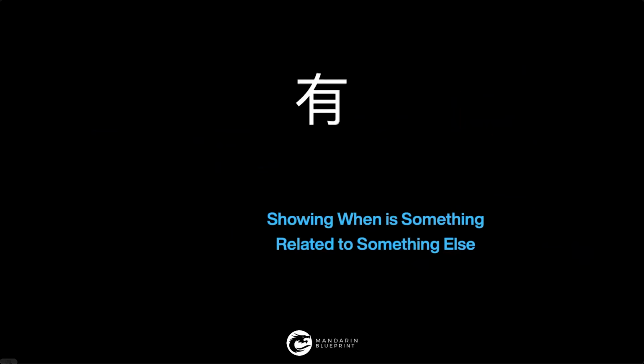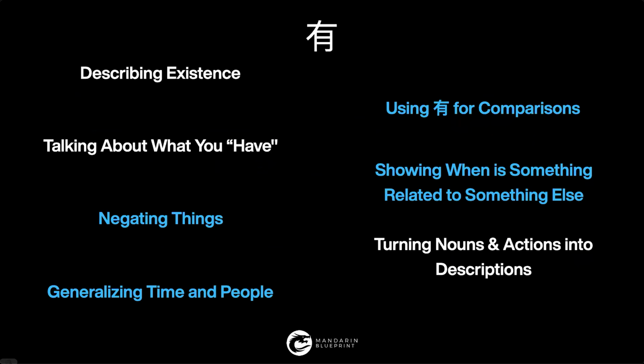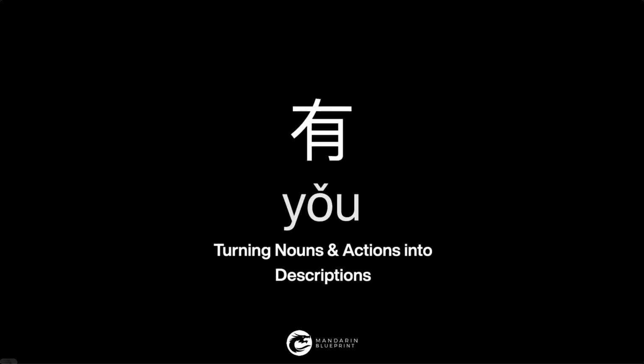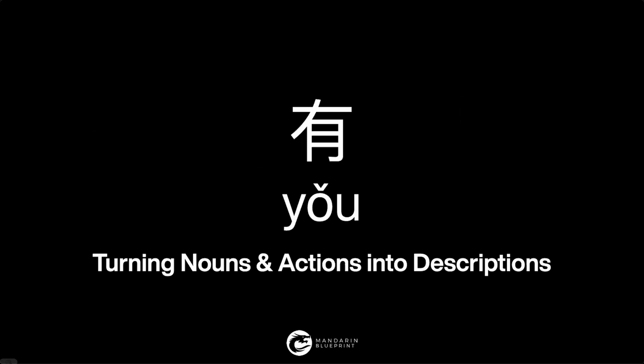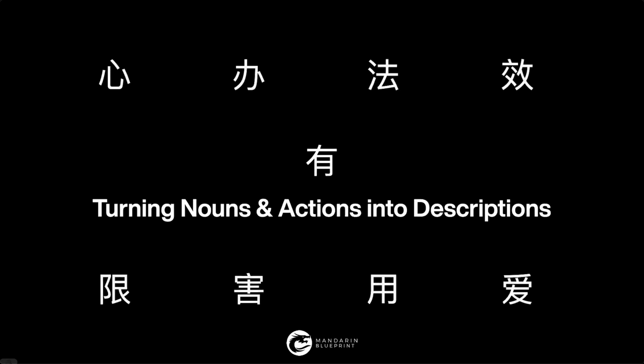So that's a really useful way to express when things have a relationship with each other and then make a comment on it. And let's get into one of my favorite types of words to use with 有, which is when you can turn characters that are normally nouns or verbs into adjectives. Turn them into descriptions, right? And we'll show you how to do that. First, we'll cover some nouns.